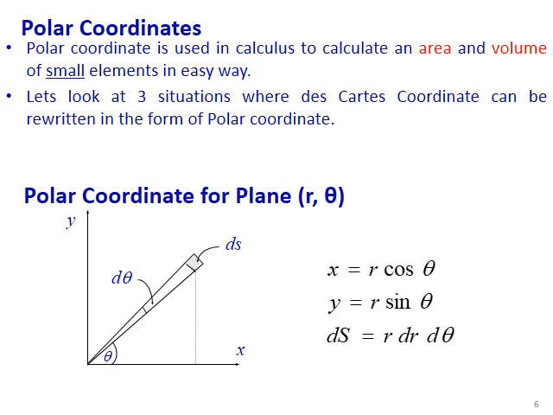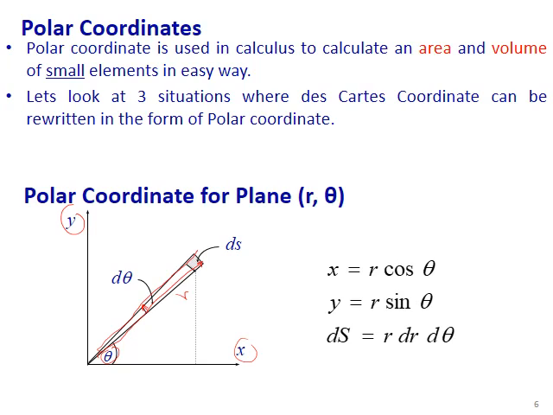As an example here for area, you see this is the x-axis, y-axis, and this is the resultant r with angle theta. What if r changes, it becomes here, and definitely theta changes, so we have ds and d theta, a small change happened. This is useful to find the difference when we have a small change in area or volume.